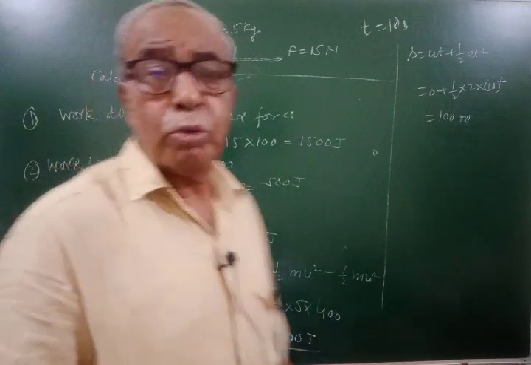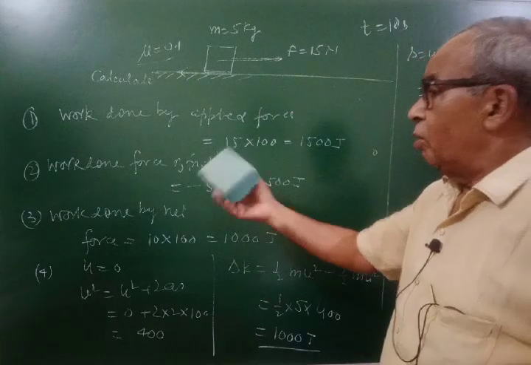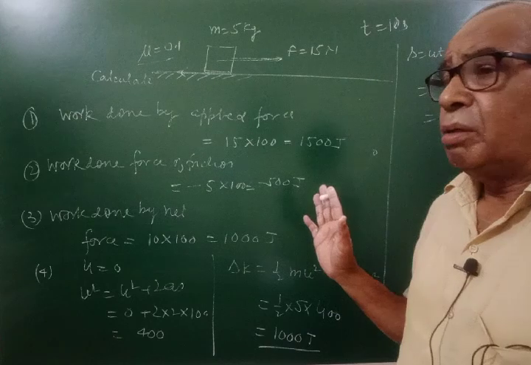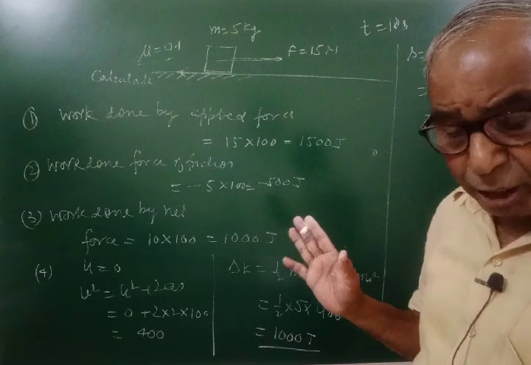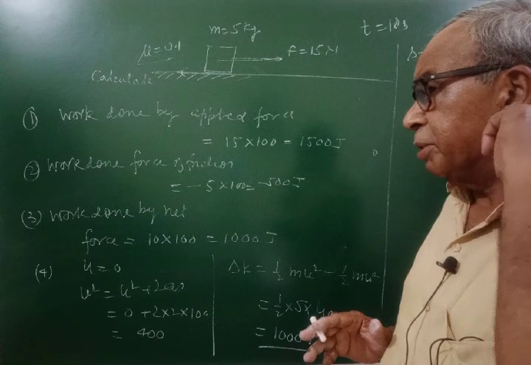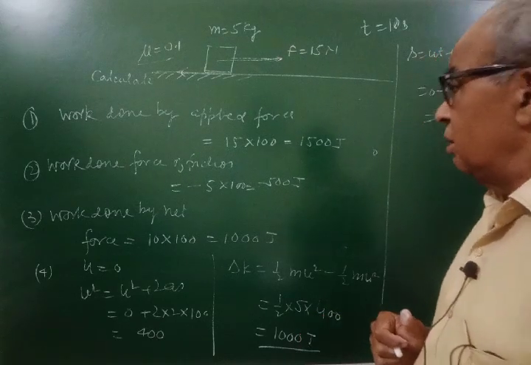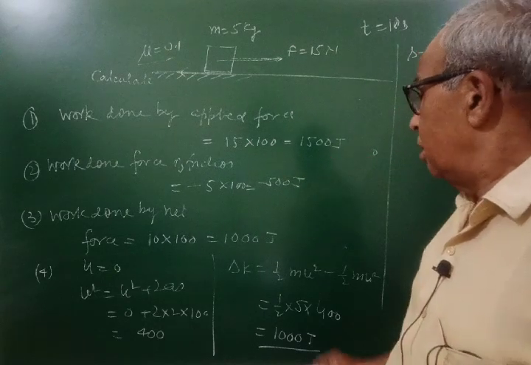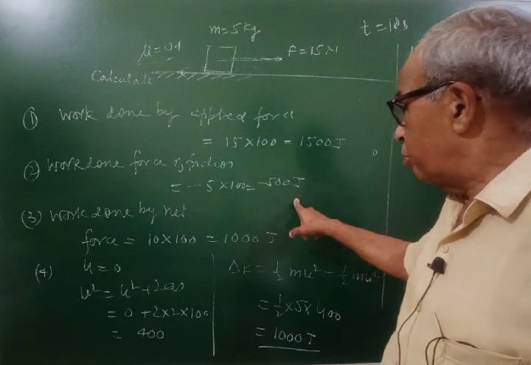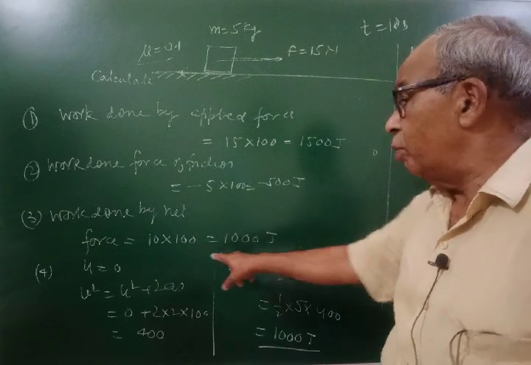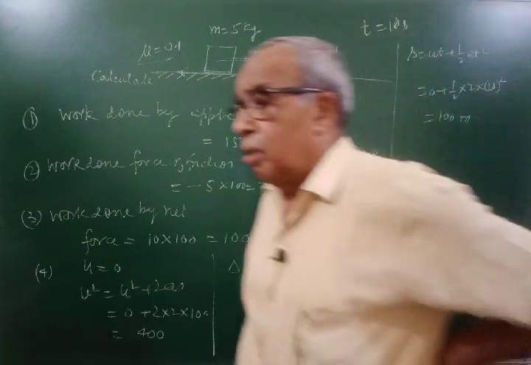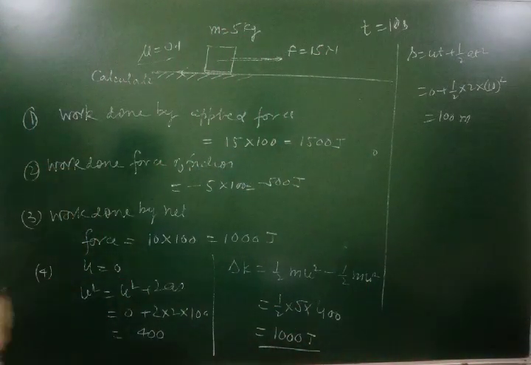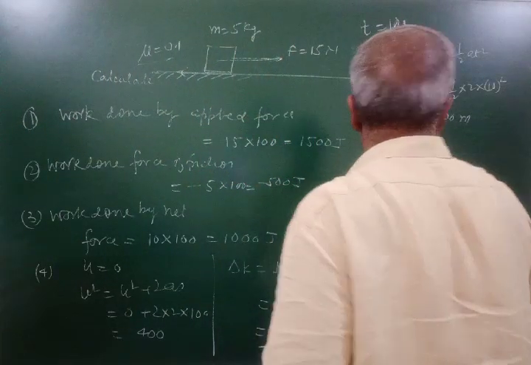So you are asked here to interpret the result 1, 2, 3, 4. Energy can neither be created nor destroyed. We will study the law of energy soon. So here work done by applied force plus work done by force of friction is equal to work done by net force, and work done by net force is equal to change in kinetic energy. So what is the interpretation?